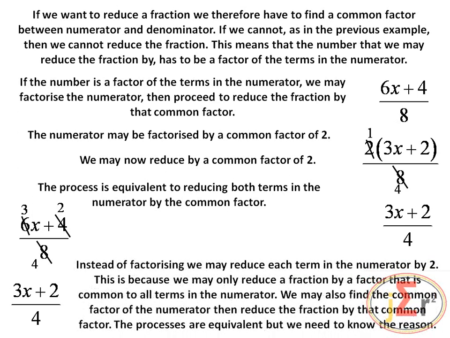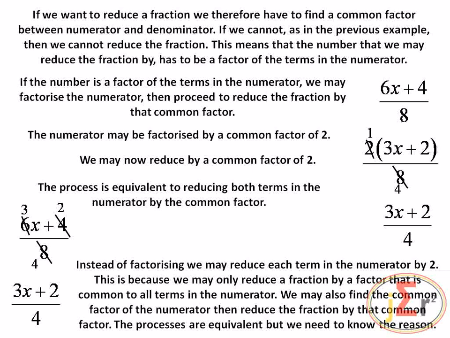Instead of factorizing, we may reduce each term in the numerator by 2 as we just did. This is because we may only reduce a fraction by a factor that is common to all of the terms in the numerator. We may also find the common factor of the numerator, then reduce the fraction by that common factor. The processes are equivalent, but we need to know the reason.